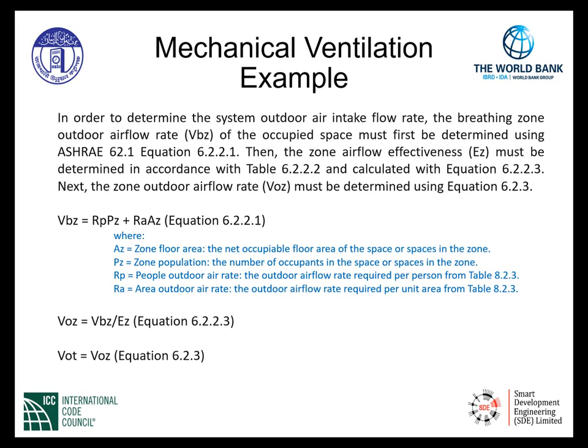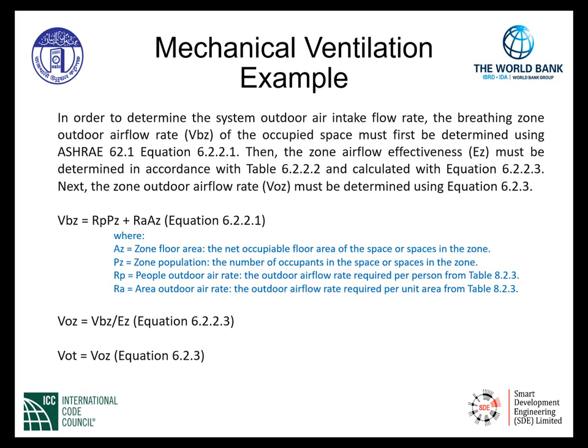6.2.2.1, is as follows. We need to solve for the volume of outdoor air in the breathing zone, V sub BZ. That is equal to the rate of outdoor airflow per person, R sub P, multiplied by the population of the zone, P sub Z. We will calculate the population of the zone using the occupant density given to us from the table.